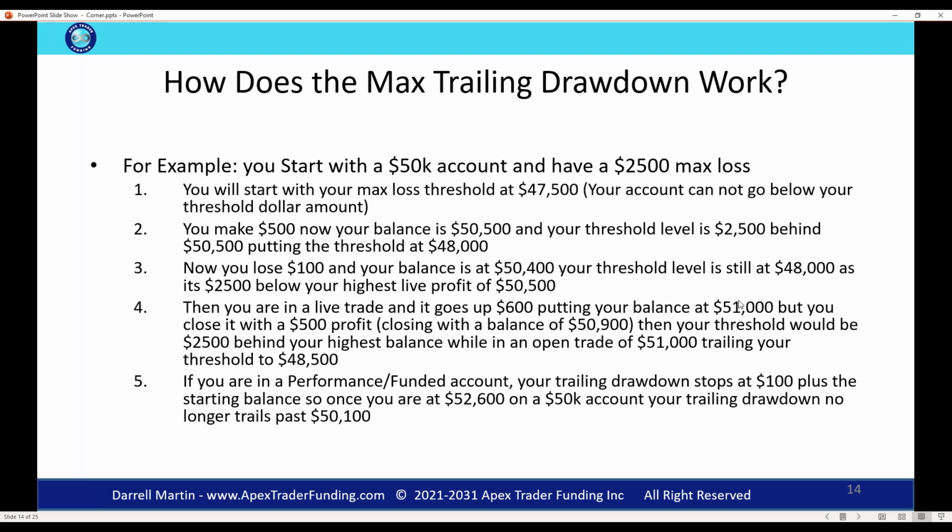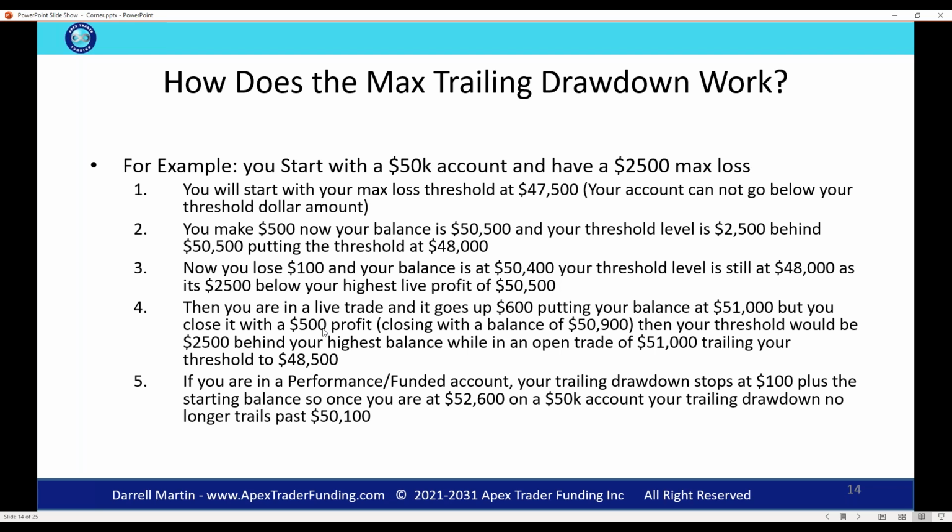Well, what also went up 600 bucks then? Your trailing threshold, right? And do trailing thresholds ever go down, or they only go up? They only go up. So you're in a trade, you're up 600 in profit, but then it starts coming back against you, against you, against you, and you close it with a $500 profit.